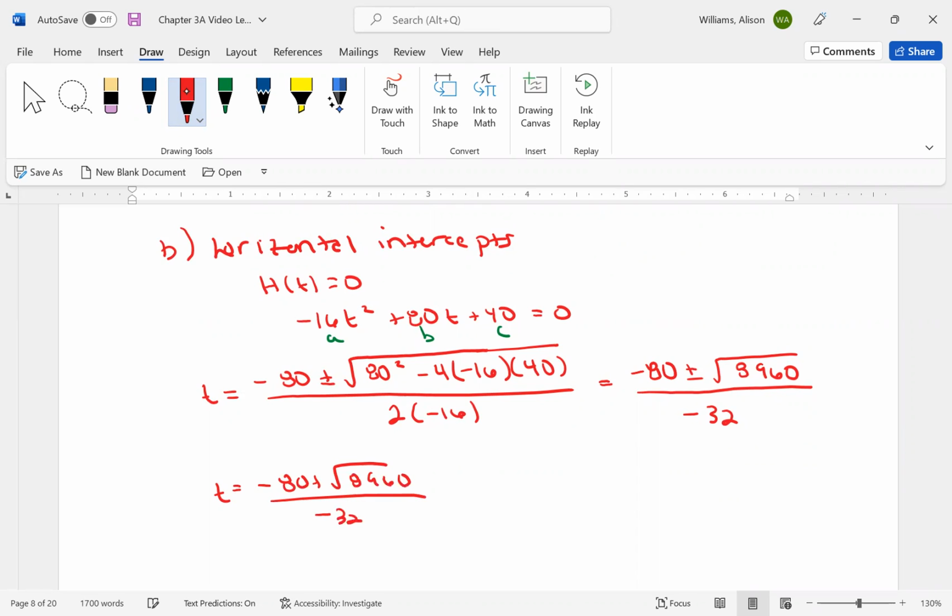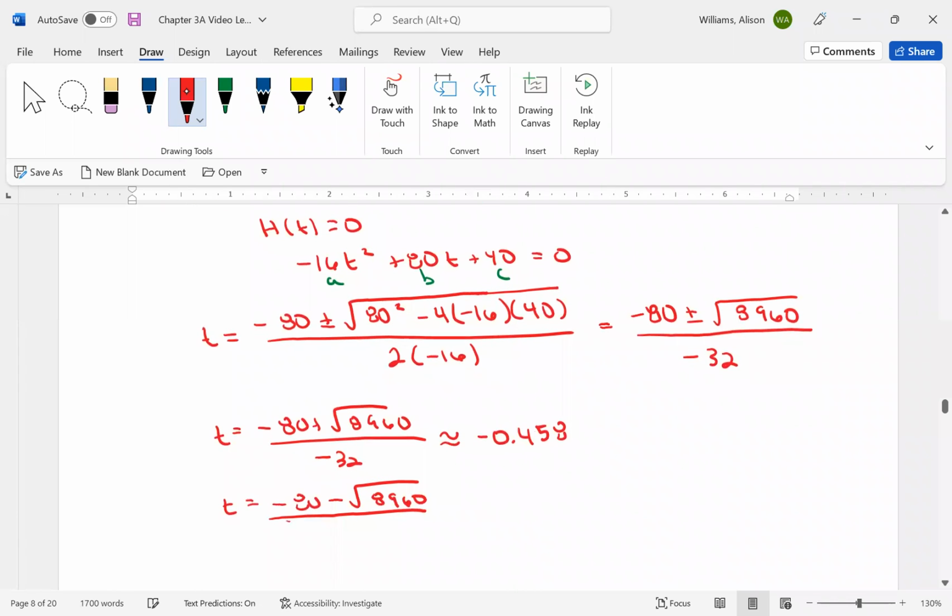So in the plus case, if I plug this into the calculator and get a decimal approximation, that's going to be approximately negative 0.458. And in the minus case, negative 80 minus the square root of 8960 over negative 32, that's going to come out to 5.428.